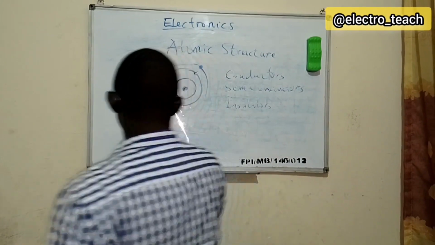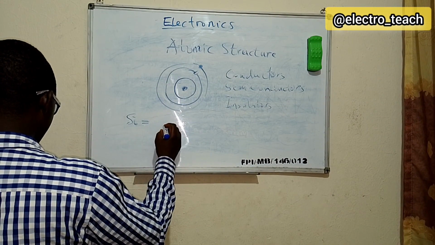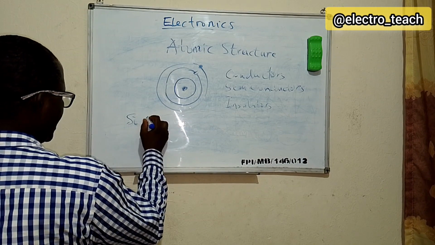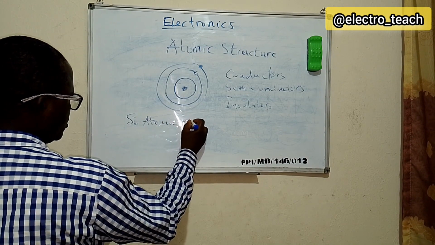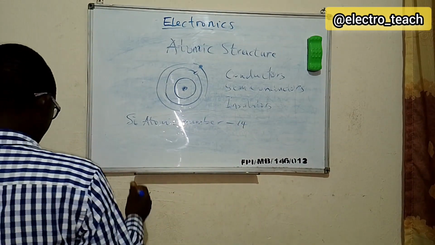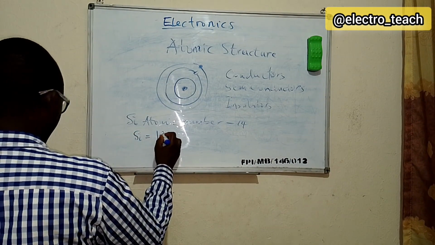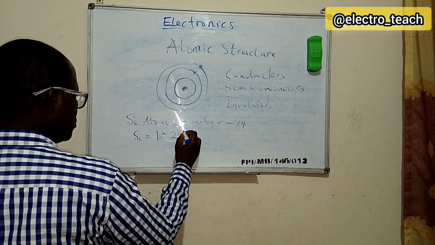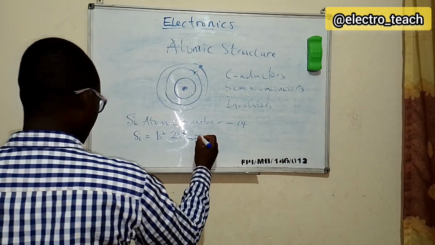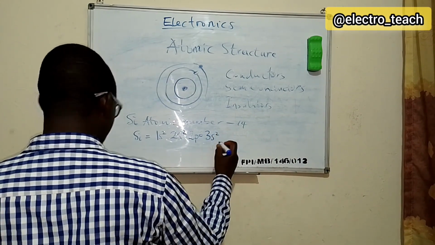Okay, for instance, silicon. The electronic configuration of silicon, which is Si, can be given as follows. The atomic number of silicon is 14, so it has 14 electrons. The electronic configuration is 1s2, 2s2, 2p6, 3s2, and then 3p2.